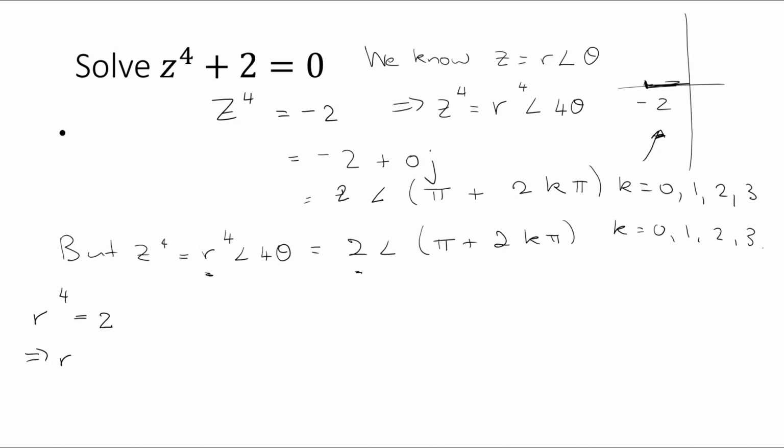So r is equal to 2 to the quarter, and equal comparison, so 4 theta must be equal to this bit.